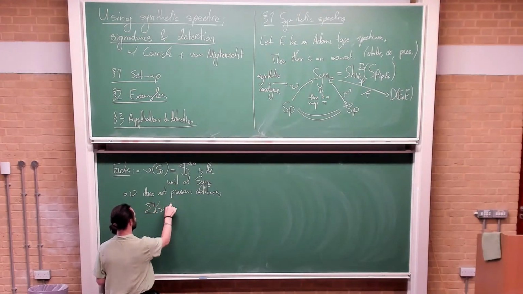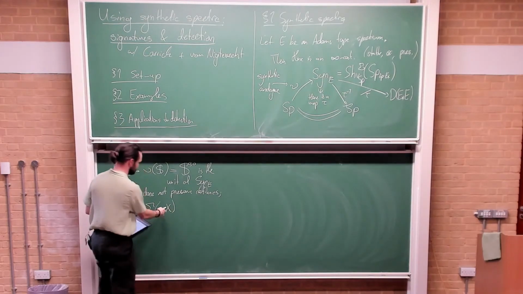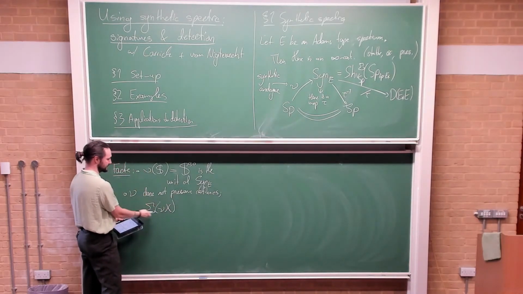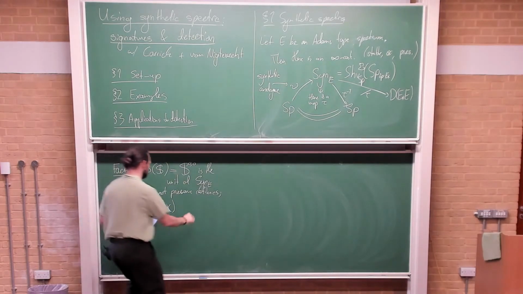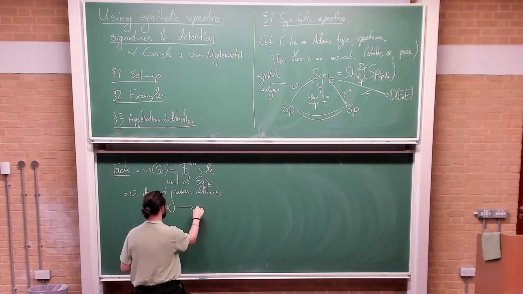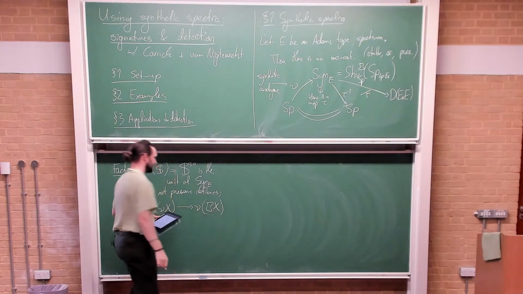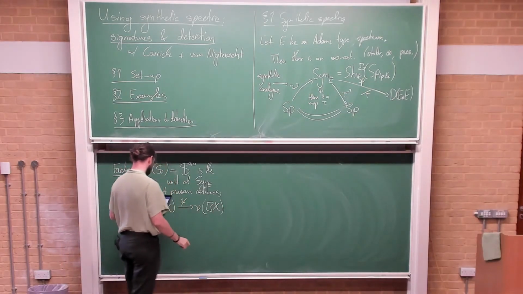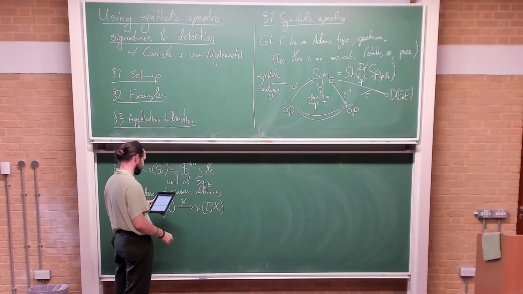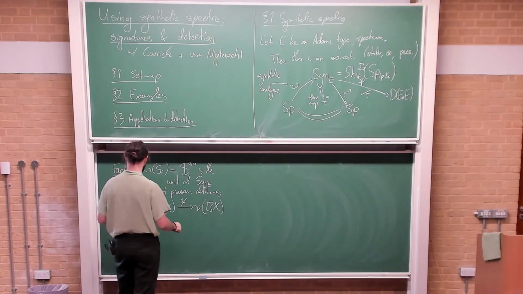So if you take the synthetic analog of a spectrum X and you take the suspension inside the infinity category of synthetic spectra, then this is going to admit a canonical map to the synthetic analog of the suspension of X. But in general, this won't be an equivalence. And in particular, it's not going to be an equivalence when you apply it to a sphere.